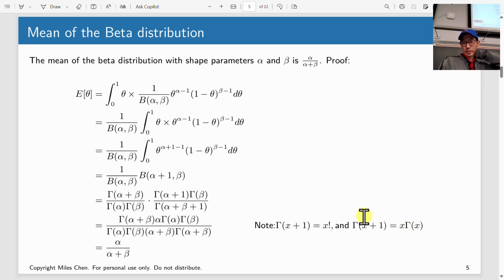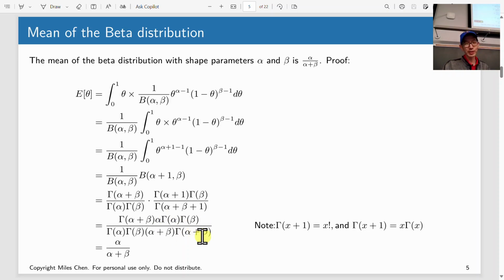So we can take this recursive definition of the gamma function and extend all of that out. Here I've got gamma of alpha plus beta, and then gamma of alpha plus 1 becomes alpha times gamma of alpha, and then gamma of beta here, and then we've got gamma alpha gamma beta. And over here I've got gamma of alpha plus beta plus 1, which becomes alpha plus beta times gamma of alpha plus beta.